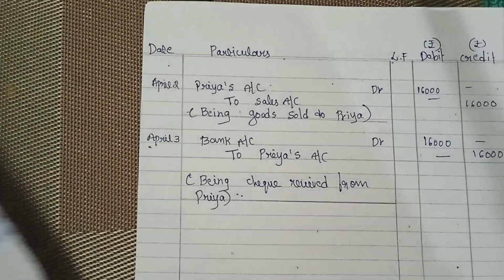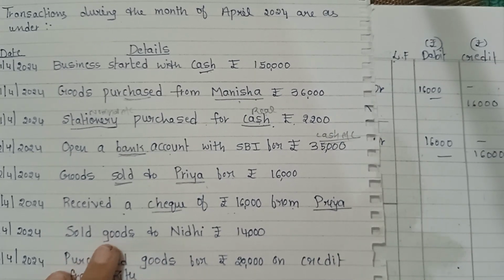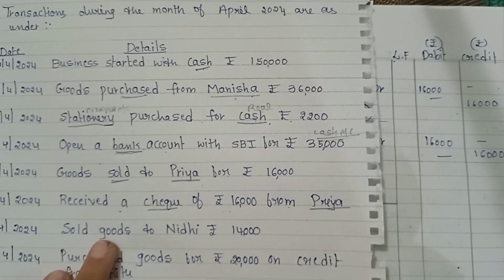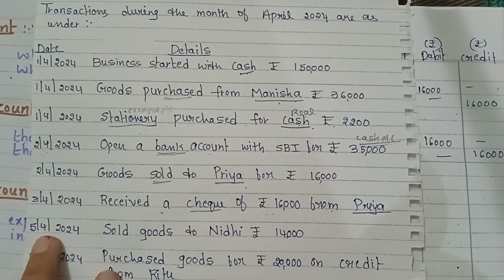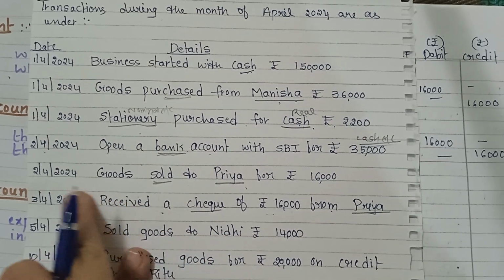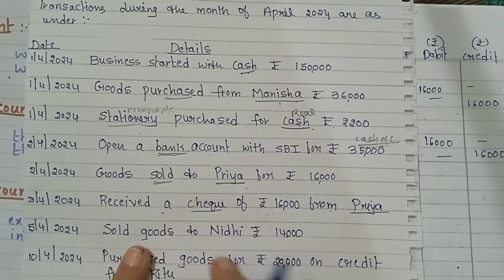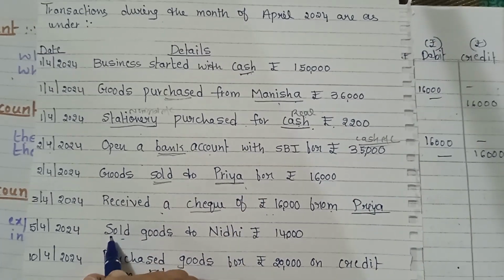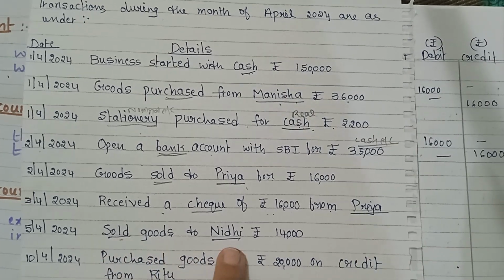Next transaction is sold goods to Nidhi, that is rupees 14,000 on 5th April. Sold goods to Nidhi, it is same as the transaction of April 2nd, goods sold to Priya. See here, two accounts involved, that are sales account and Nidhi's account.